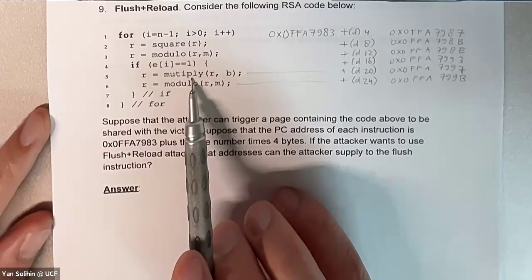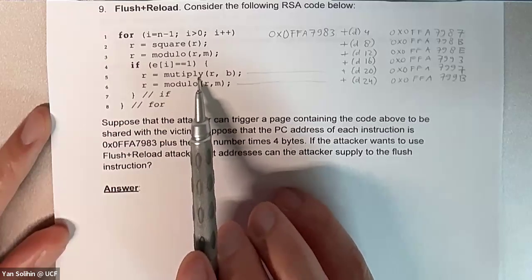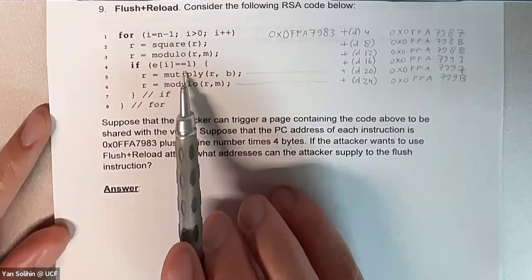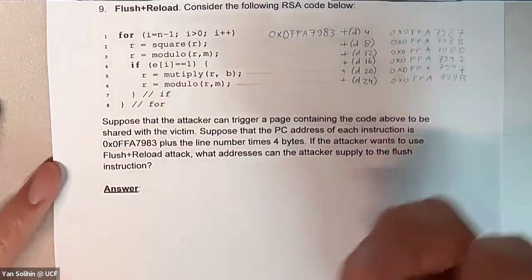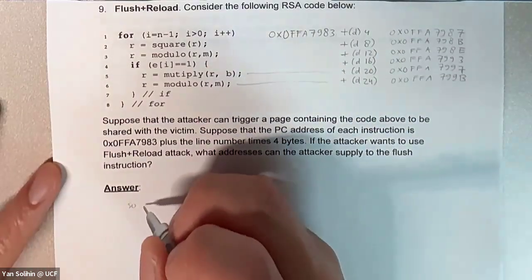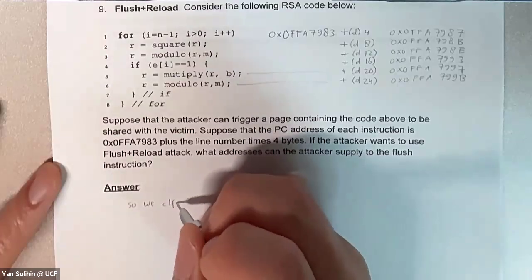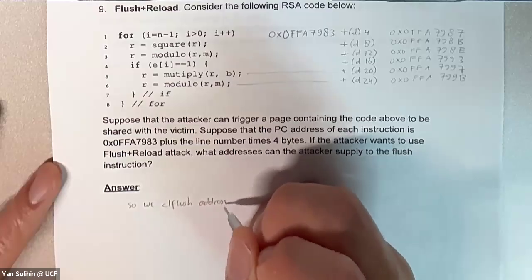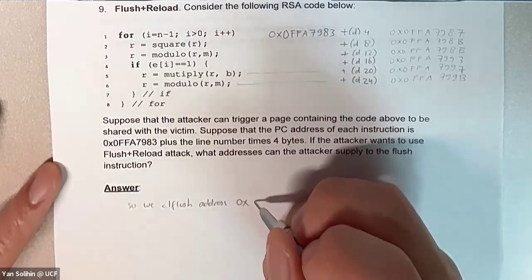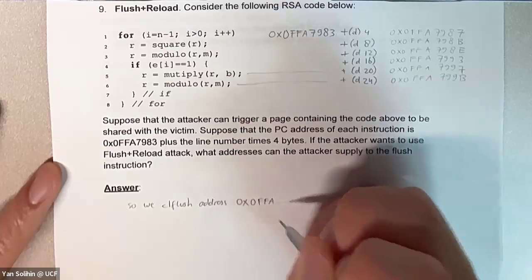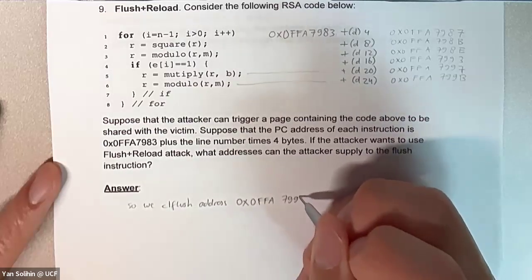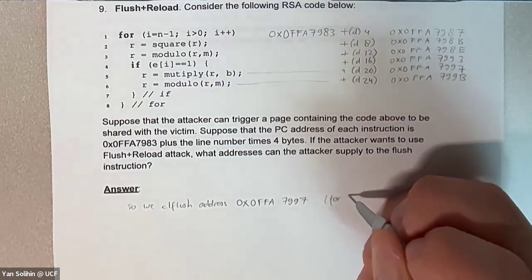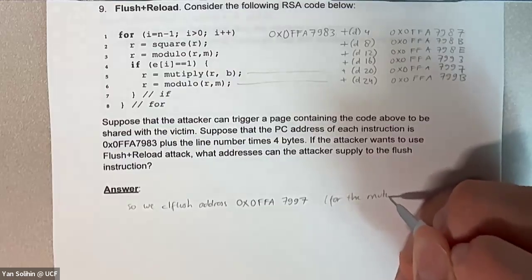If it has been evicted from the cache and is brought back into the cache, it must be because the if statement is true. So we clflush address 0x0FFA7997 for the multiply.